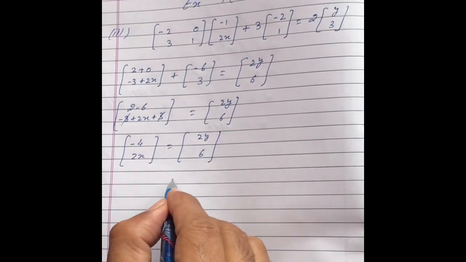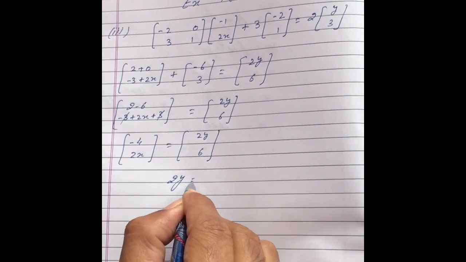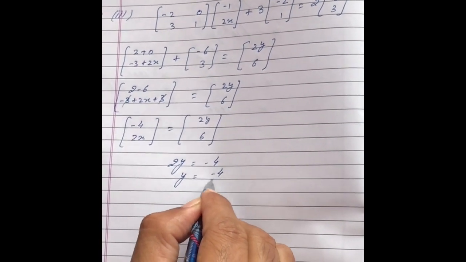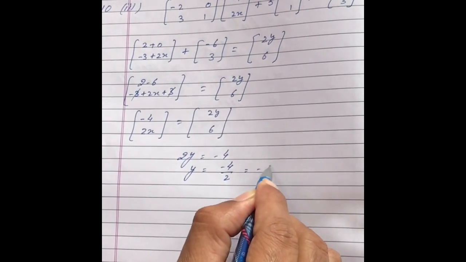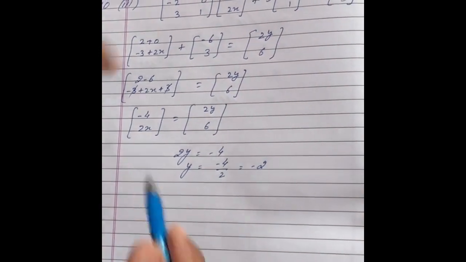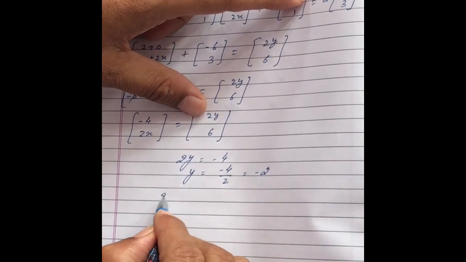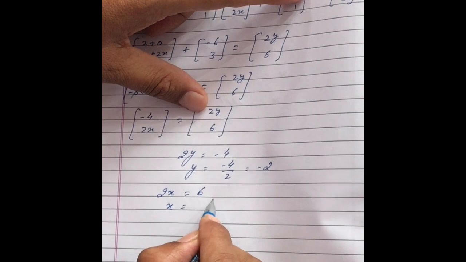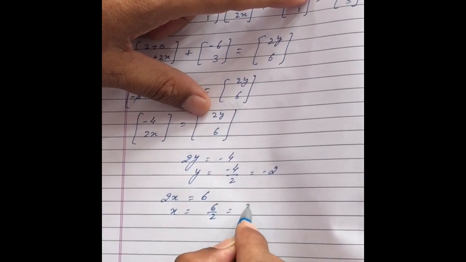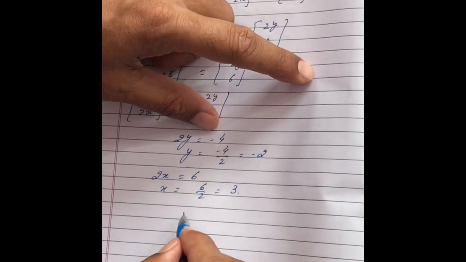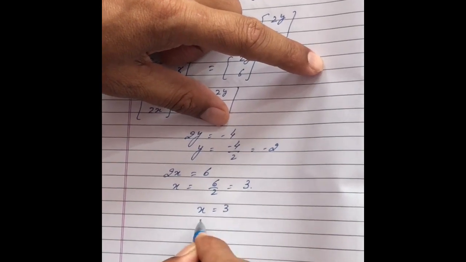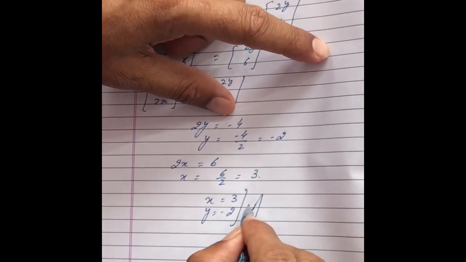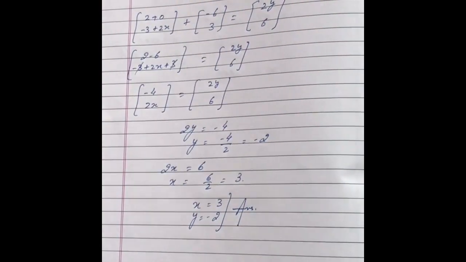So 2y is equal to -4, y is equal to -4 upon 2, that is -2. 2x is equal to 6, x is equal to 6 upon 2, that is 3. So x is equal to 3, y is equal to -2. Answer.